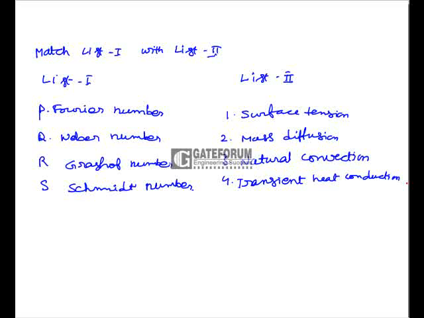Here Fourier number belongs to transient heat conduction, so P matches with 4, and Weber number belongs to surface tension, so that is 1, and Grashof number belongs to natural convection, so R relates with 3, and Schmidt number relates with mass diffusion, so that it is S2.